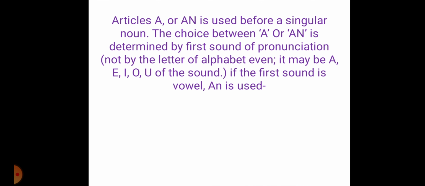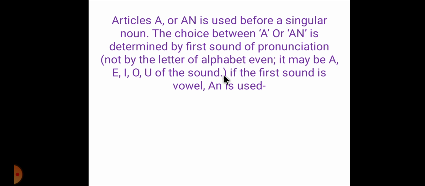First we go through the indefinite article. The articles a or an are used before a singular noun. The choice between a or an is determined by the first sound of pronunciation, not by the letters of the alphabet, even if it may be a, e, i, o, u.